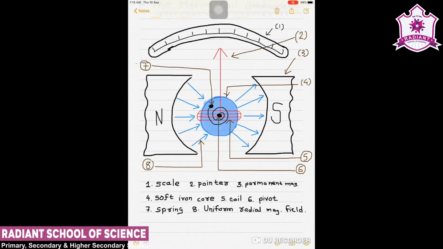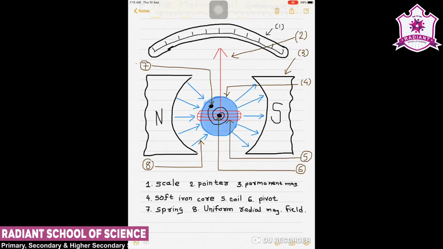It is just connected through this pivot and is free to move about a soft iron rod. Here the soft iron core is provided, and this soft iron core is kept for a special purpose.